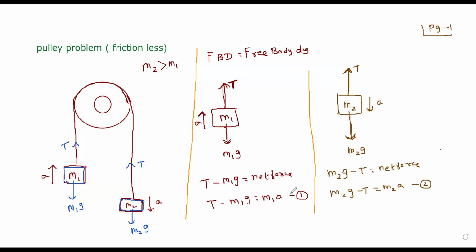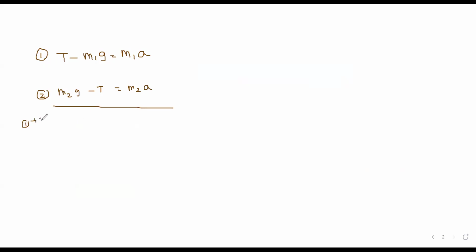Now we have two equations, equation 1 and equation 2. Now add them. Equation 1: T minus M1G is equal to M1A. The second equation: M2G minus T is equal to M2A. When you add the first equation plus the second equation, then T cancels out.